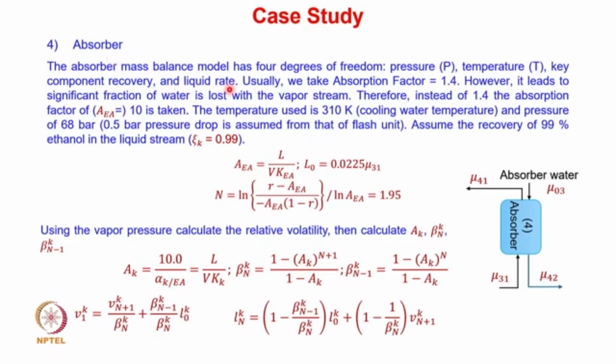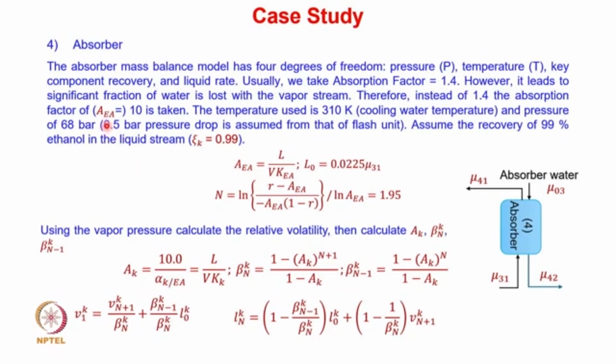So instead of an absorption factor of 1.4, we can use an absorption factor of 10, and with that we will have a sufficient liquid rate. Even though some liquid vaporizes along with the vapor, that fraction will be reasonably small compared to the total liquid rate, and therefore we can assume that the absorber is at isothermal condition.